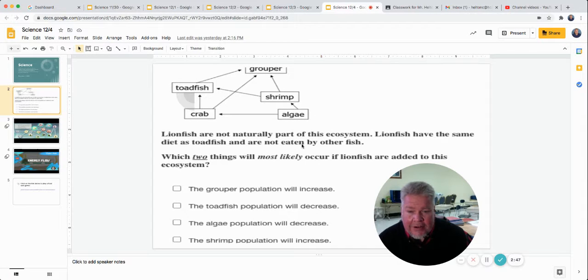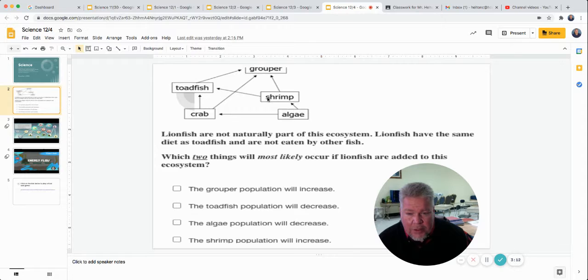Oops, and it says they are not eaten by other fish. So lionfish are not going to be eaten by groupers, okay? So we've got toadfish and lionfish, and lionfish eat the same thing as toadfish. So they're going to be eating the crab, and they're going to be eating the shrimp.